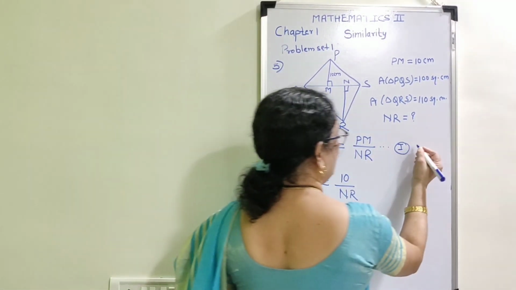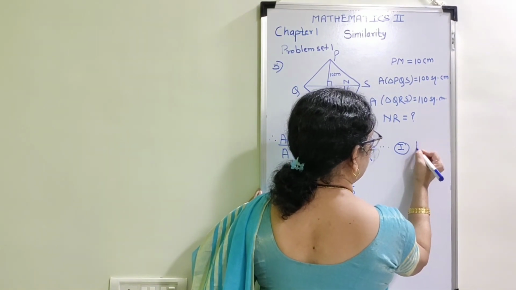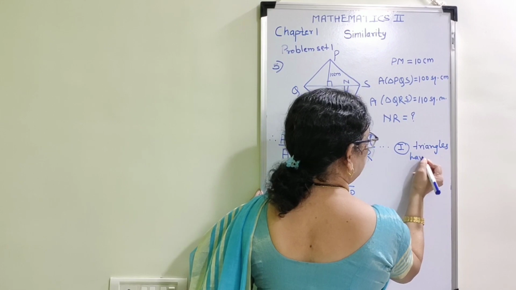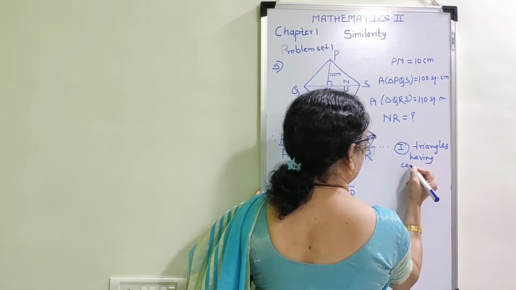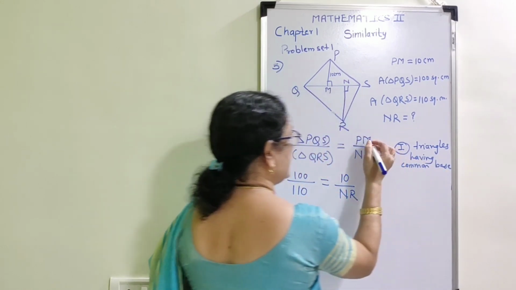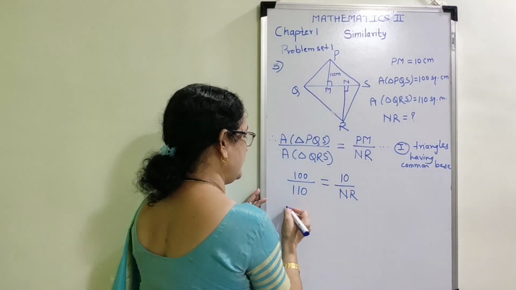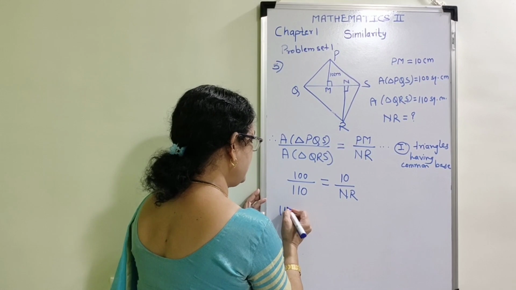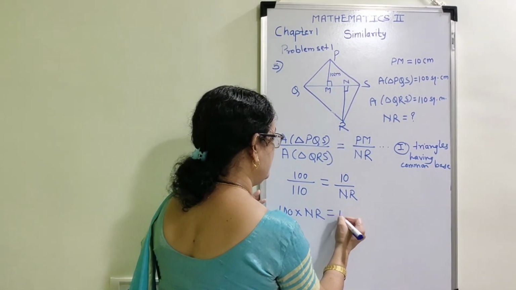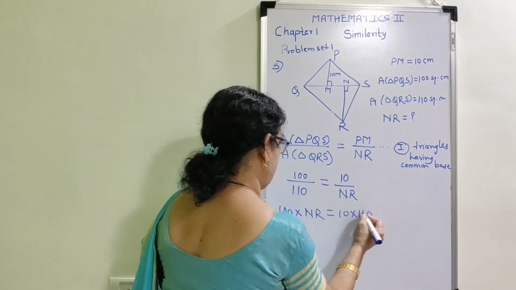Now here write the reason: triangles having common base, and therefore ratio of their areas is equal to ratio of their corresponding heights. Cross multiply 100 into NR is equal to 10 into 110.